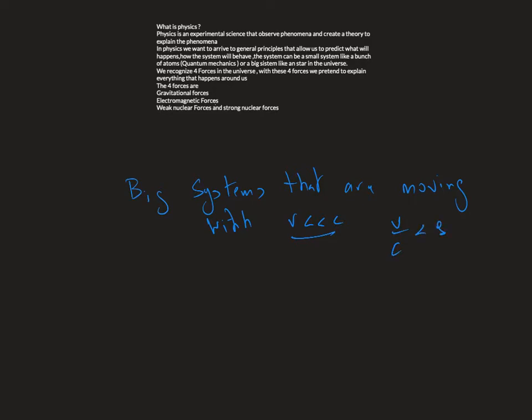So this is the range where we apply the physics that you are going to learn: systems where the movement of the particles is very slow compared with the velocity of light, and systems whose size is bigger than 10^-10 meters, much bigger than 10^-10 meters. 10^-10 is more or less the size of an atom, so the diameter of an atom could be around 10^-10 meters.